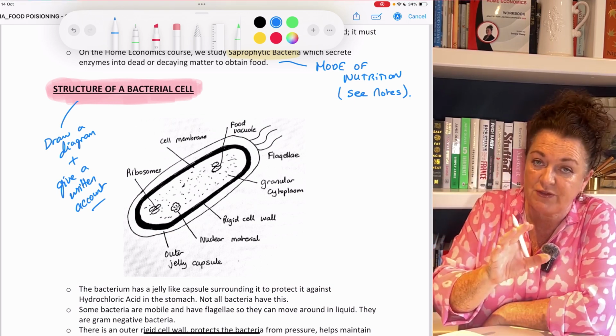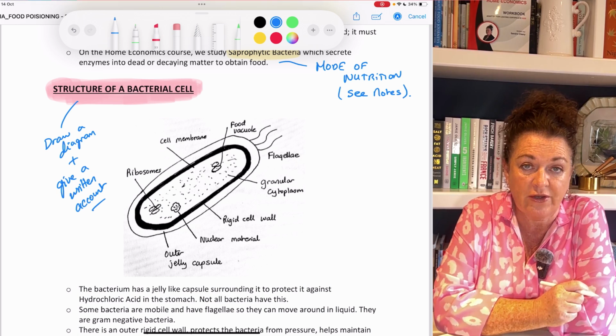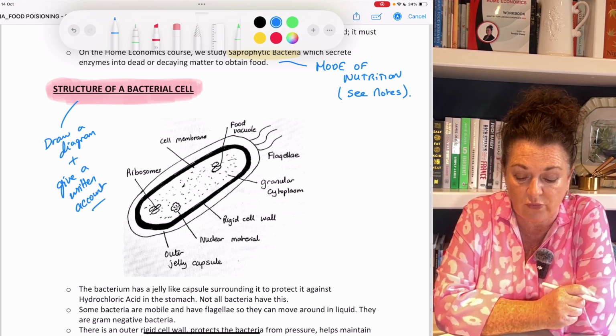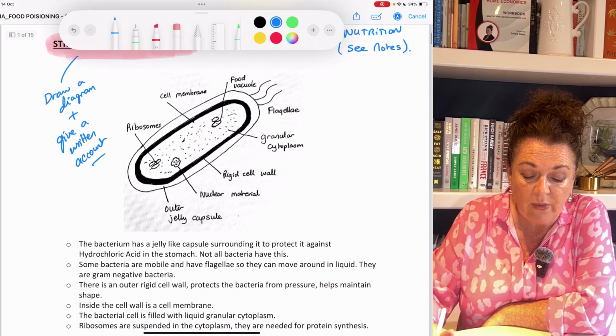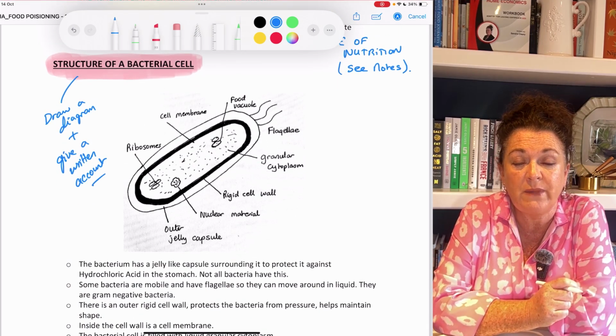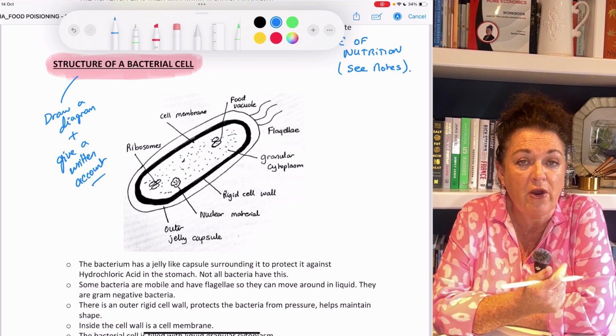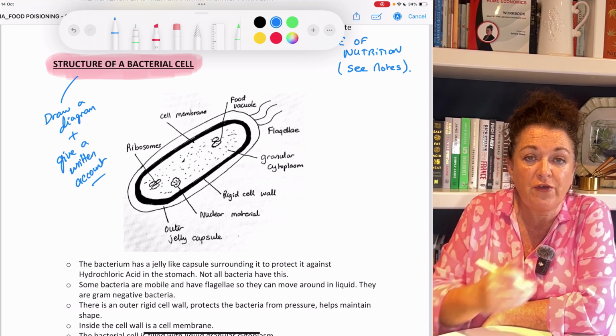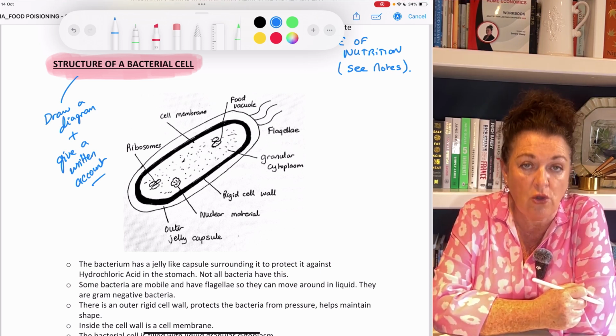Otherwise, if you see structure and there are diagrams associated with it on our course, well, then you also give a written note. Now, I just want to remind you as well that when we were drawing the structure of meat or the structure of a wheat grain, I said to you, whatever parts you have labelled on your diagram, refer to those in your written note also.